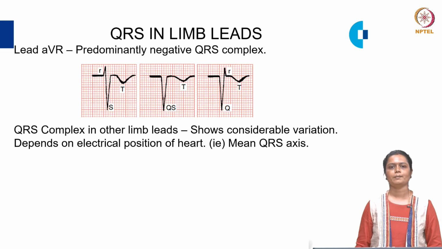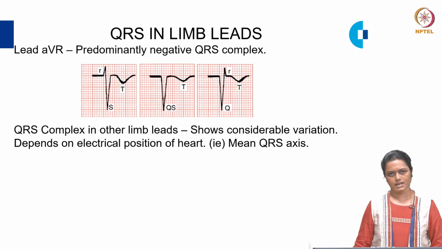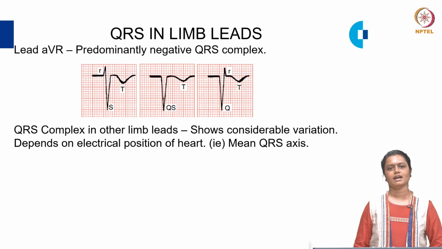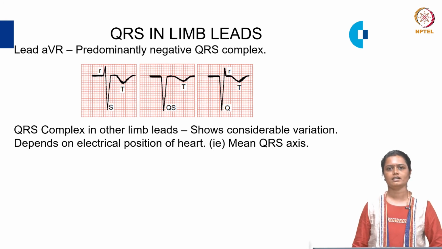So, next is the appearance of QRS in limb leads. You have limb leads which are labeled as lead 1, 2, 3 and augmented limb leads which are AVR, AVL and AVF. Remember, leads 2, 3 and AVF are oriented downwards, whereas leads 1 and AVL are oriented horizontally.